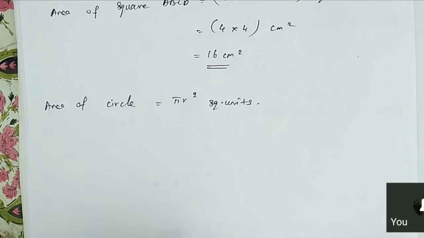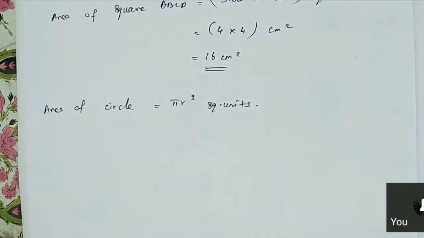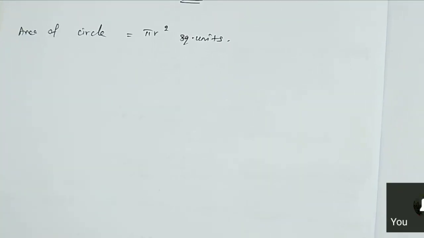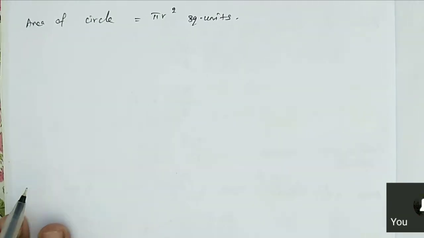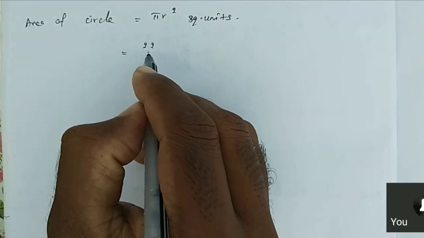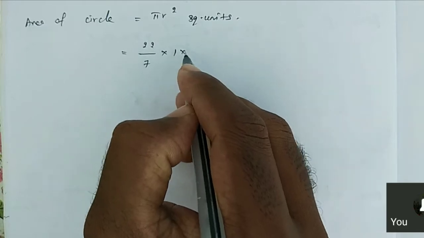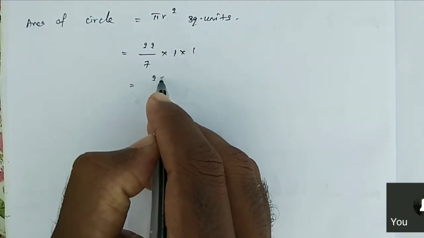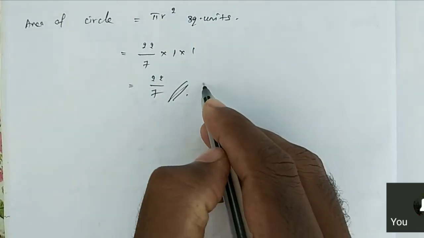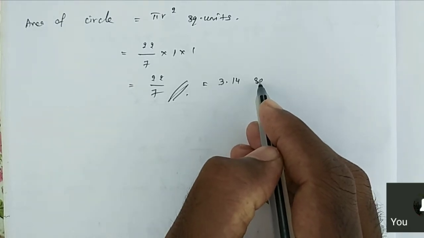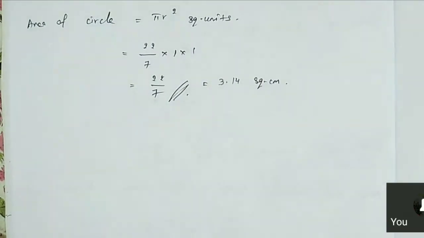What is the radius for the center circle? 1 centimeter. We can substitute 1 now. 22 by 7 into 1 into 1. So it is the same thing, 22 by 7. When you want to convert to decimal, 3.14 square centimeter, right? Any doubt?